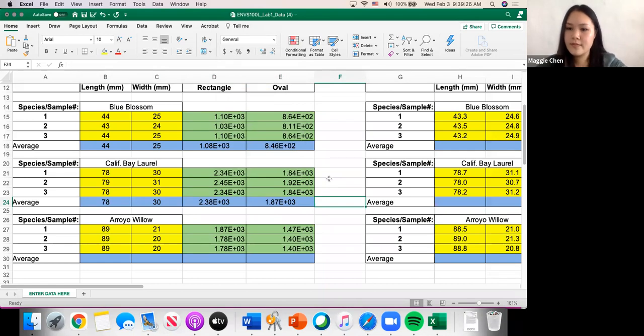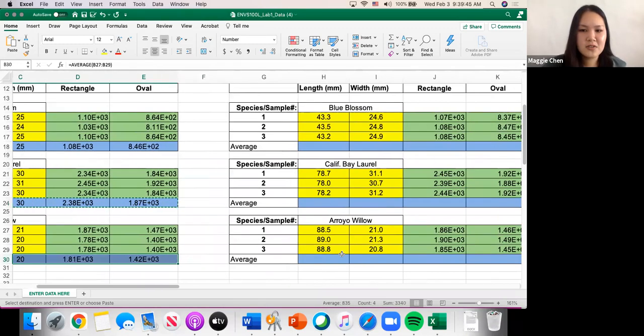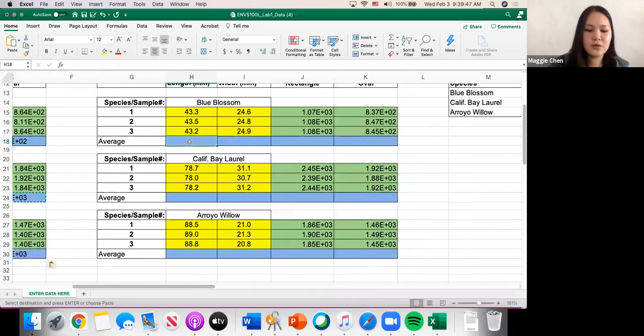Yeah? Okay. So from here, again, you can just autofill the other averages by selecting these 4 cells, Command C to copy them, and then just Command V, and you'll paste them for every single space that we want to get our averages from.